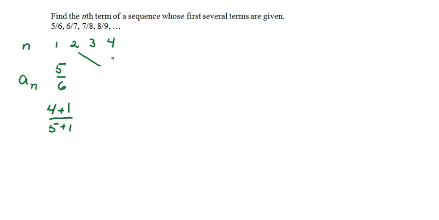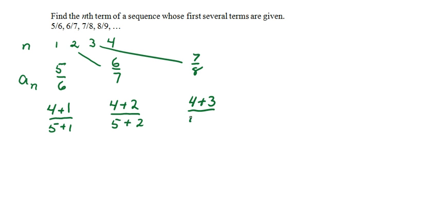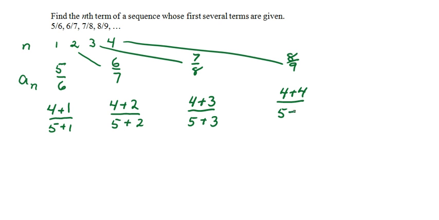For the 6/7, it would be 4 plus 2 over 5 plus 2. For the 7/8, 4 plus 3 over 5 plus 3. And for the 8/9, 4 plus 4 over 5 plus 4.